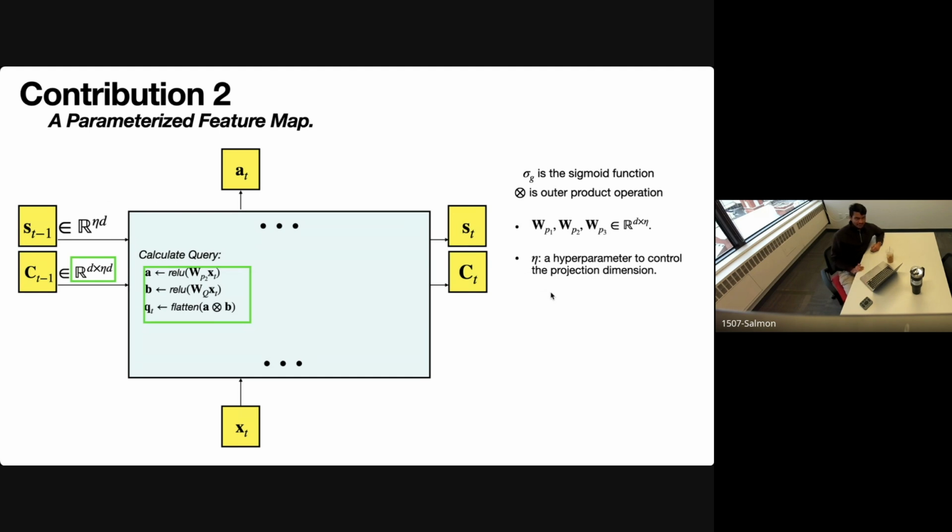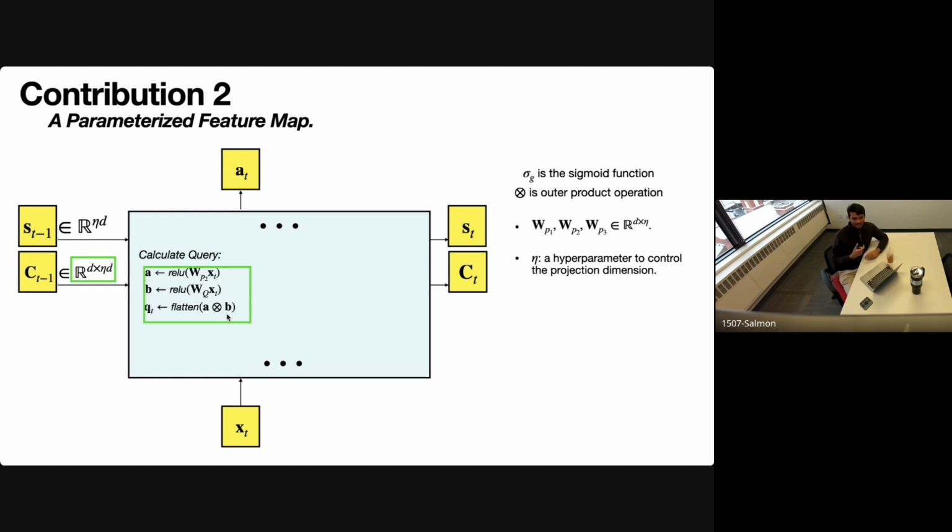The way this feature map is implemented is using an outer product operation. Using the introduced projection matrices, we calculate an additional vector that we use to do an outer product with our query value, and then flatten it in order to generate a vector of higher dimension. So the idea behind this feature map is that you try to learn how to project the input vector into a higher dimension.